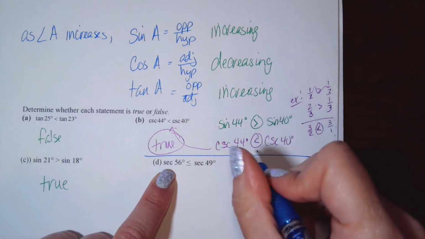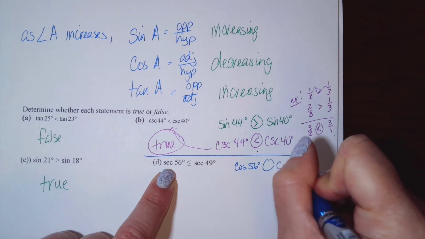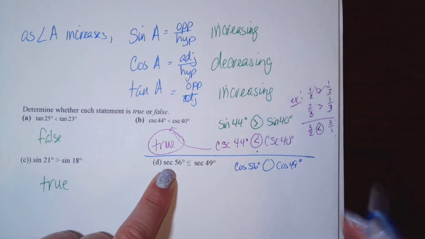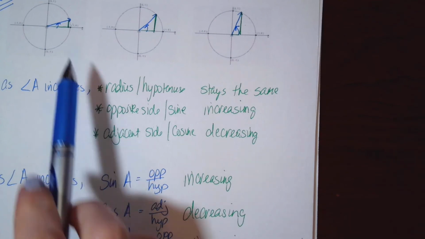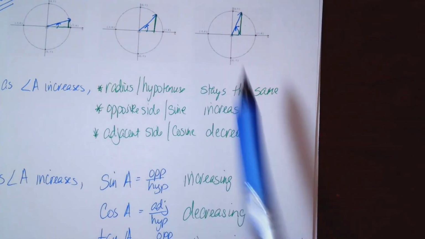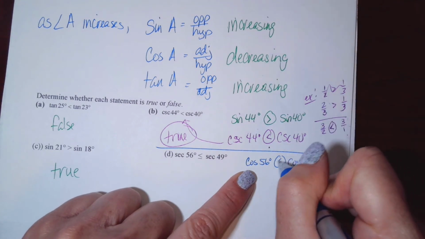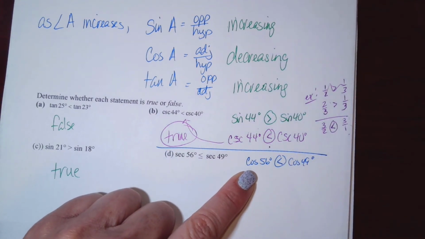The reciprocal of secant is cosine. So we've got cosine of 56 degrees compared to cosine of 49 degrees. And I go back up and I say, okay, as my angle increases, my cosine function, my x-coordinate, is decreasing as the angle increases. So that means that the cosine of a 56-degree angle is less than the cosine of a 49-degree angle.